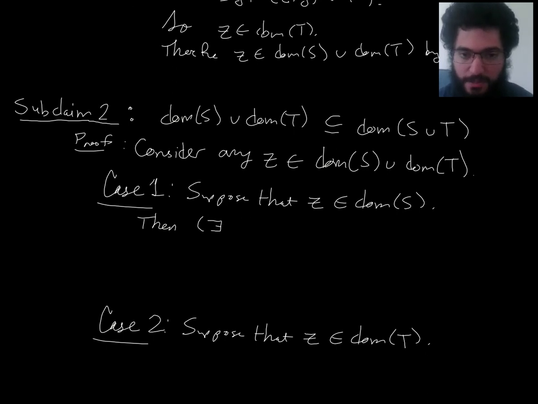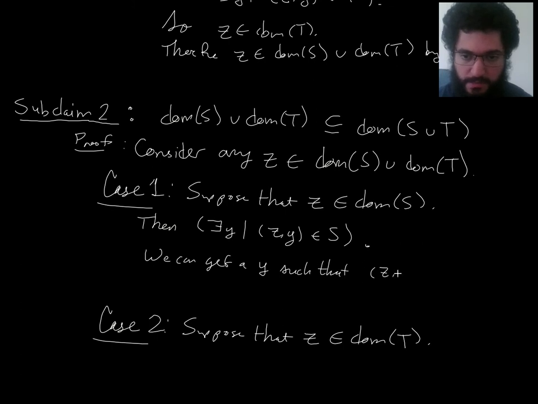If I write things out fully, what it means for z to be in there is there exists y such that z comma y is in S. That's applying axiom 5 to this membership statement. So now, by existential instantiation, we can get a y such that this is in S. And if you want to skip this sentence, then that's okay.